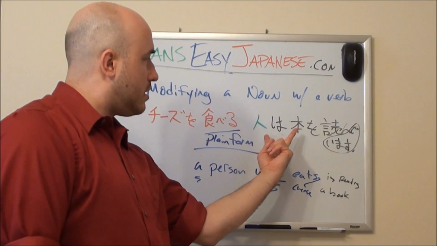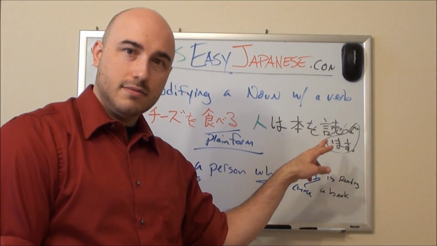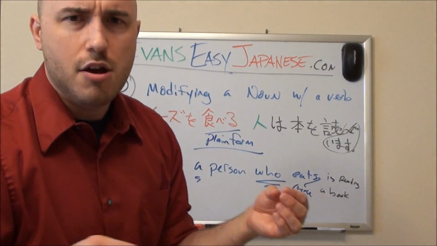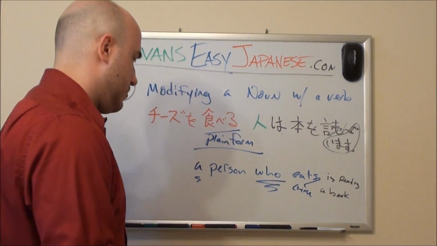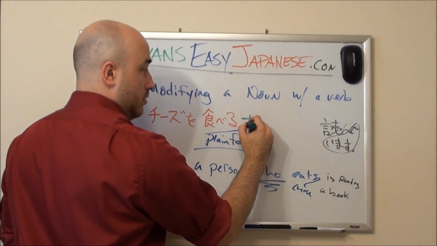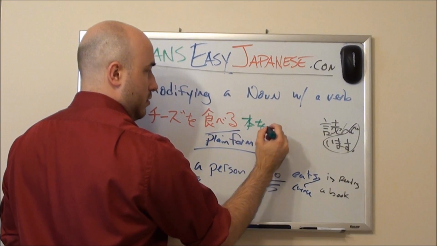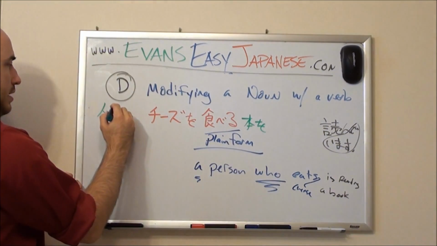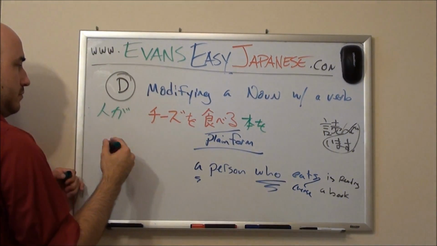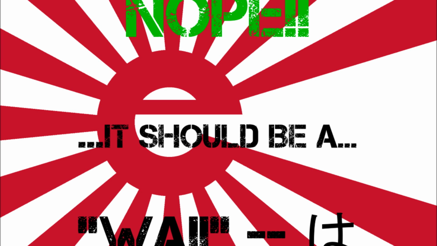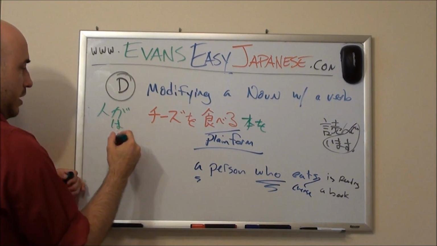So let's just switch the subject and the object. It won't make any sense, but let's switch the object and the subject. Cheese o tabeteru hon o hito ga. Or this could be a wa too.